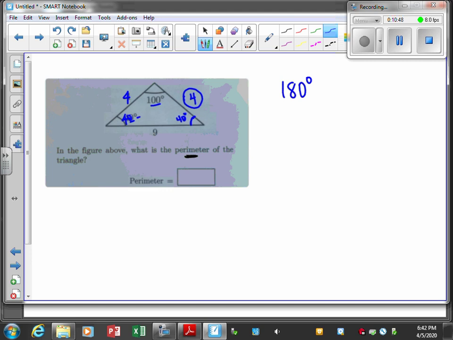So opposite of this one is 4 and opposite of this one is 4, and then this one was given. So now we know we have sides 4, 4, and 9. We want the perimeter, so we're going to add up 4 plus 4 plus 9. So it's 17.